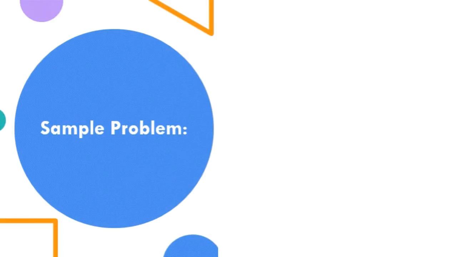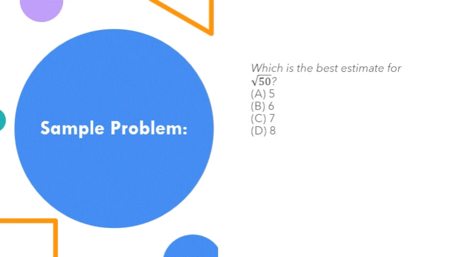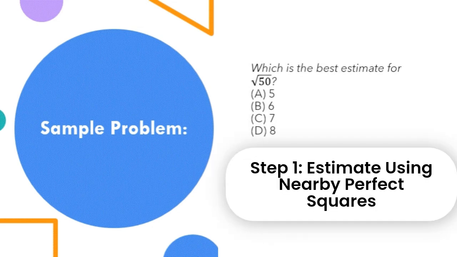All right, class. Let's use a strategy called eliminating wrong answers to estimate the square root of a number. This is a great strategy when you're not sure about the exact answer, but you can eliminate the choices that definitely don't work. Example problem. Which is the best estimate for square root 50? Step 1. Estimate using nearby perfect squares.